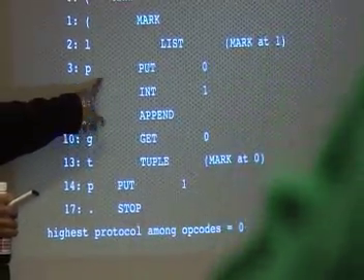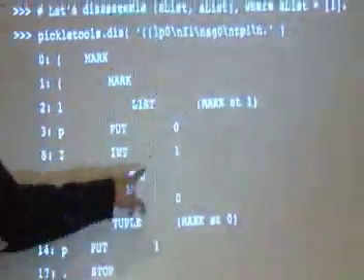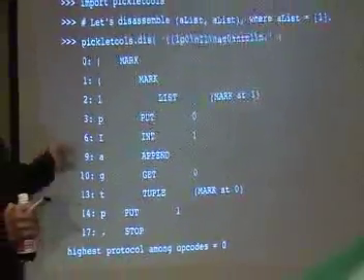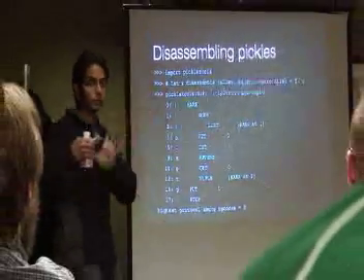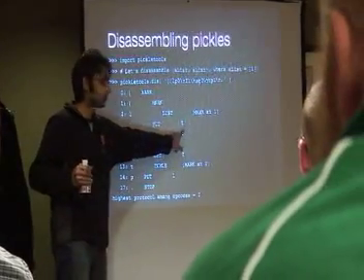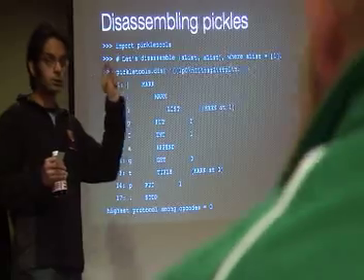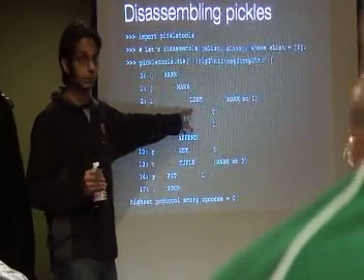Then step 3, put, with argument 0, that's what this P0 is. Put 0 means take what's on the stack, which is this empty list, and put it into the memo, that other data area, the dictionary that maps integers to objects. So object ID 0 is going to point to this empty list.